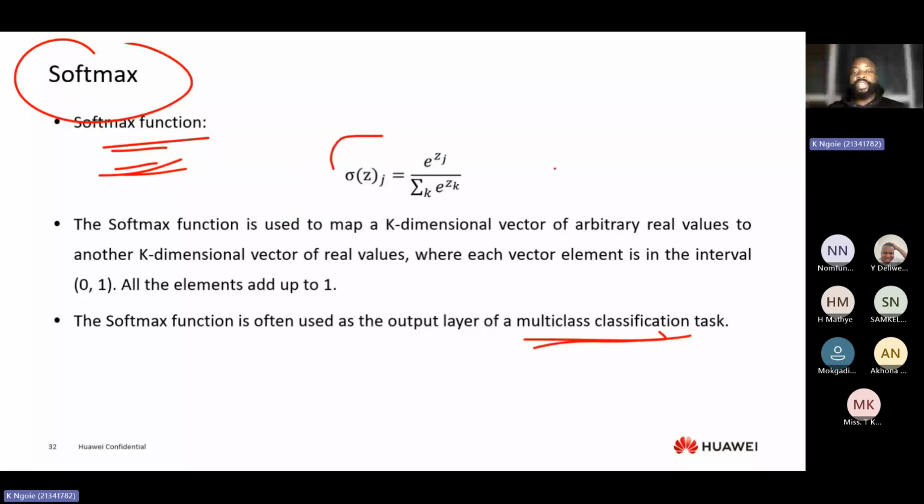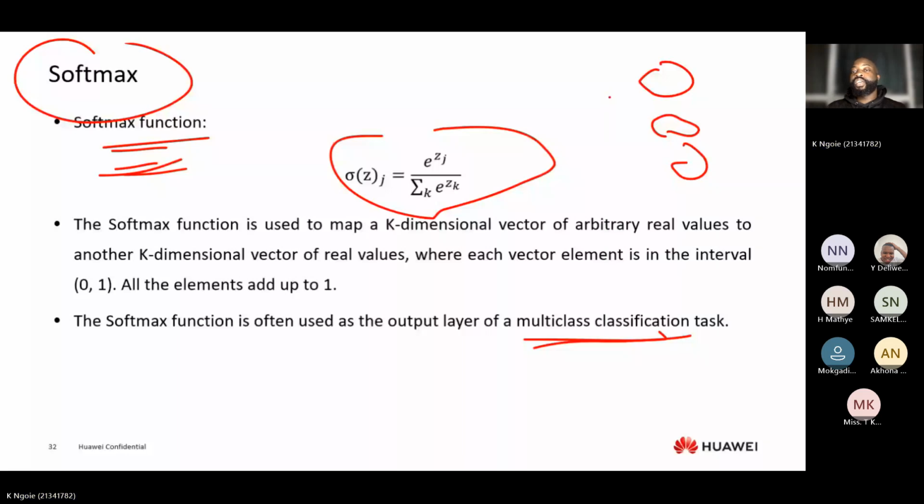So this function is the one that will tell us if we are working on a scenario where we want to determine between, let's say, mangoes, apples, and oranges. The softmax function will determine the probabilities of each. So the softmax function will help us give these three outputs.